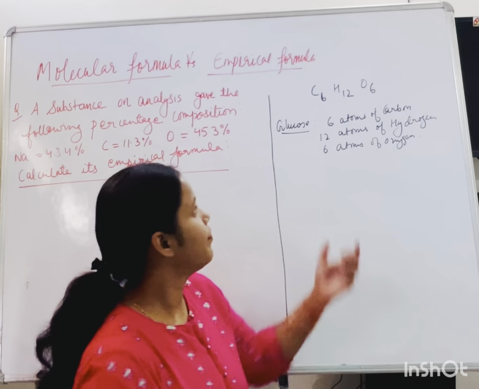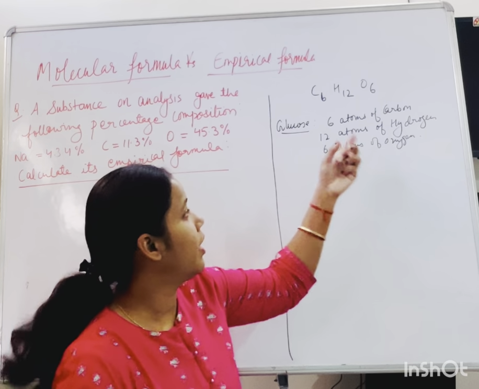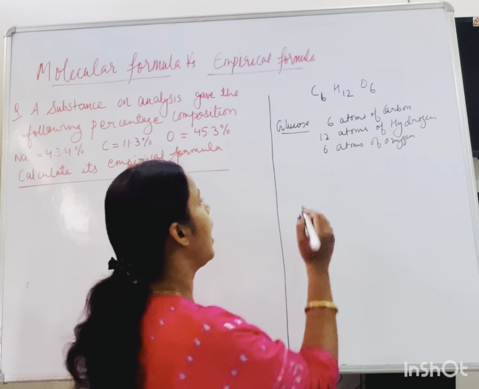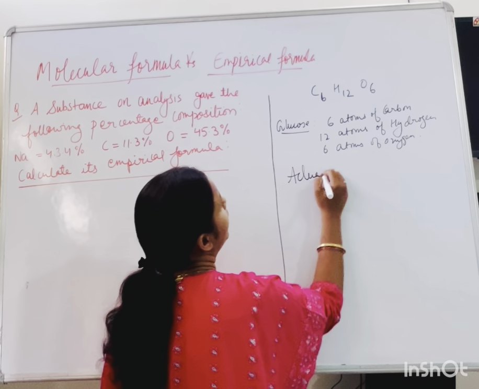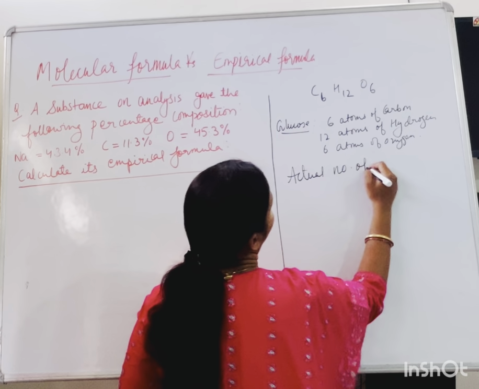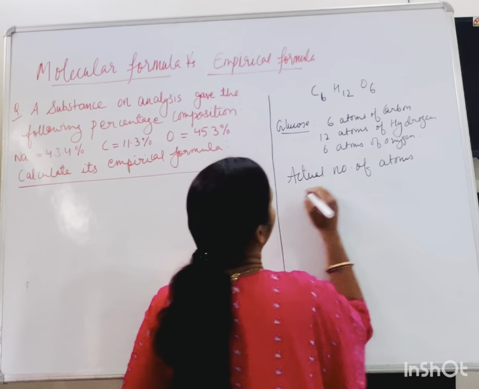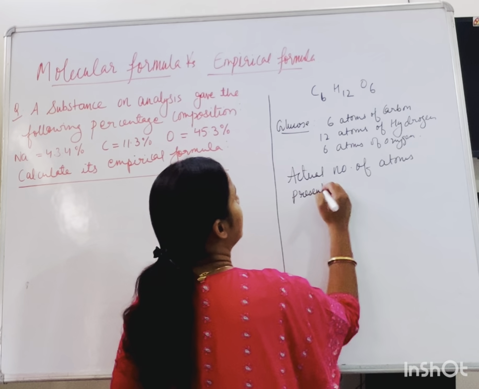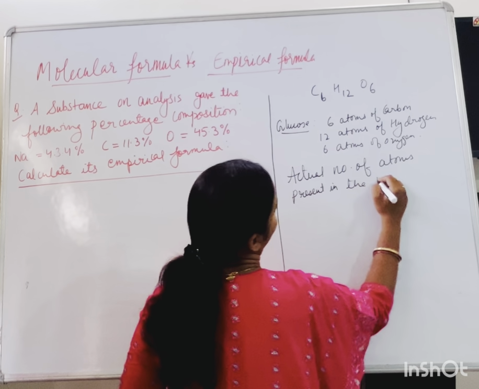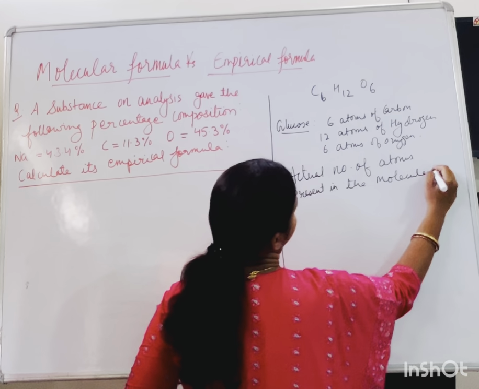So molecular formula basically tells us about the actual number of atoms present in the molecule of a compound.